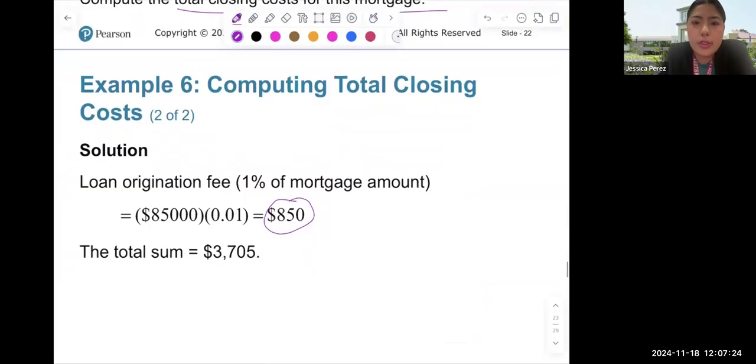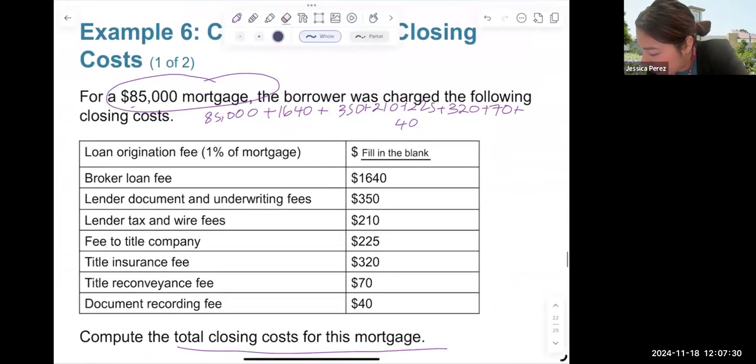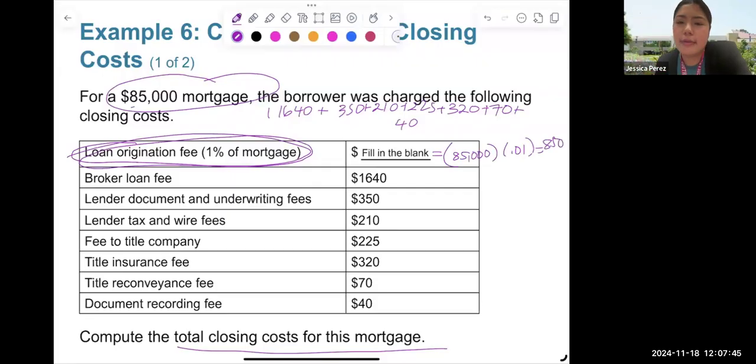So the first is you look at, I didn't read that first part. So the loan origination fee is 1% of the mortgage. So let's add that. So it's 85,000 times 0.01. So that's what we need to add. And that gives me 850.